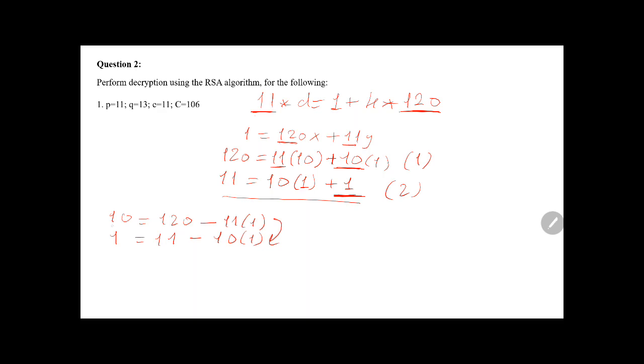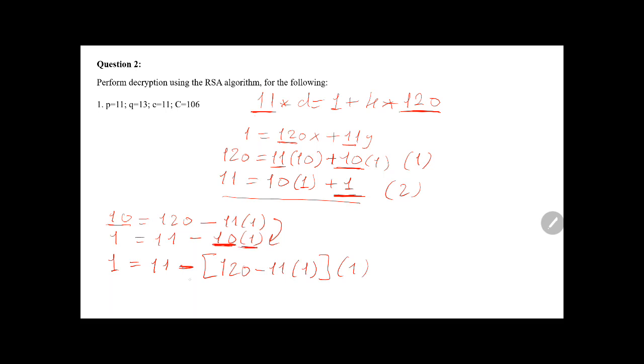How do we do this? We substitute the value 10 here into this value 10 here, meaning that the second equation will be rewritten as follows. It will be 1 equal to 11 minus, I will open a bracket here, and I will substitute this 10 with this equation here, which is 120 minus 11 multiplied by 10, and all this will also be multiplied by the 1 here that was next to the 10.